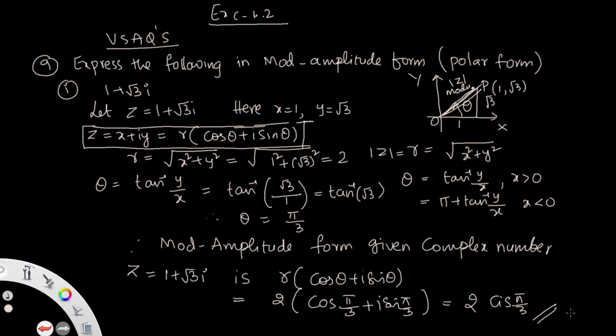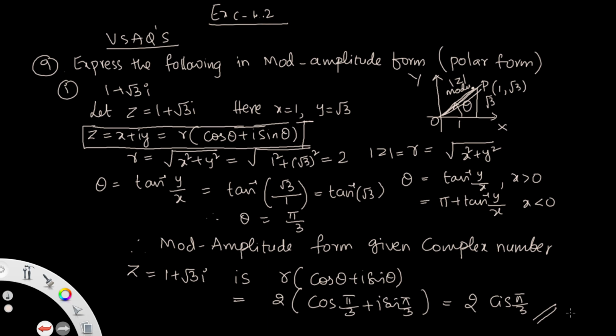The first formula you have to learn: for z equals x plus iy, if r is the modulus and theta is the amplitude, the complex number can be written as r into cos theta plus i sin theta. This is the polar form.